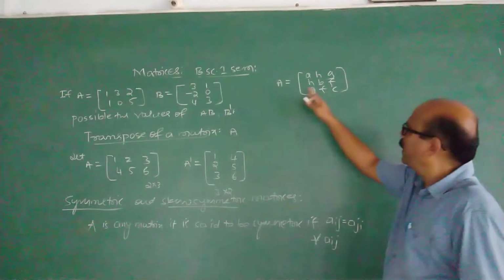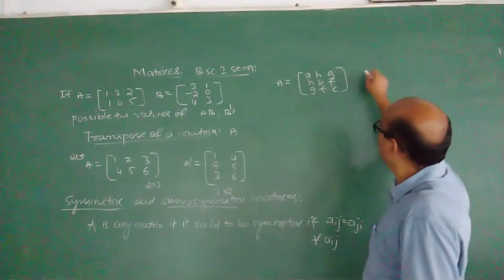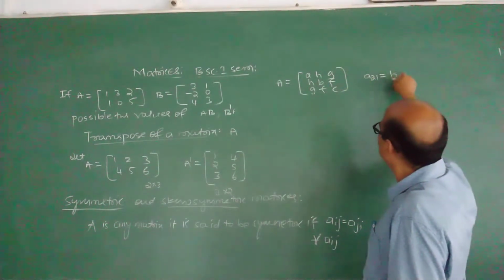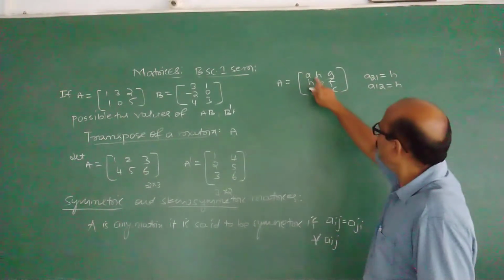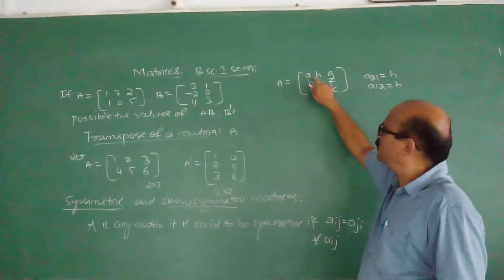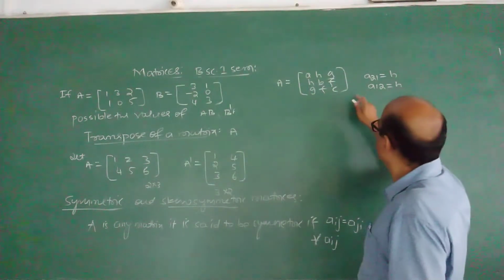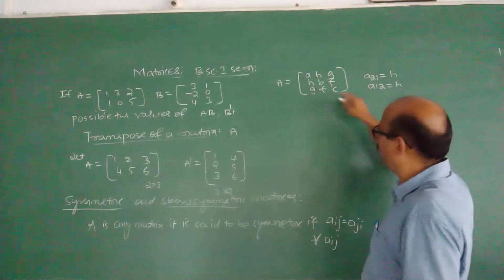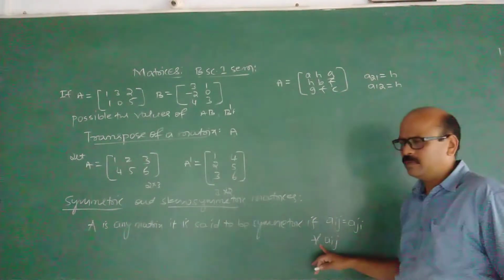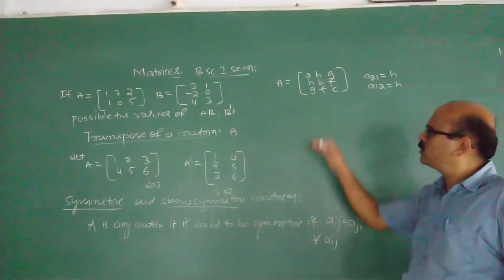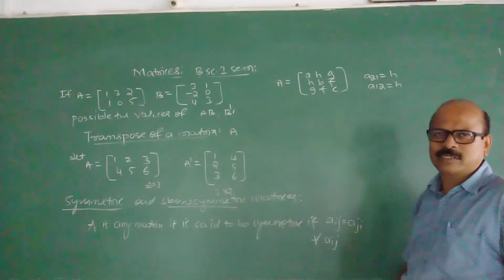Ii means diagonal element. I take this element. A21 is H here. A12 is also H. First row, second column. Second row, first column is also H. Therefore, Aij is equal to Aji for all i, j. And it is called a symmetric matrix.